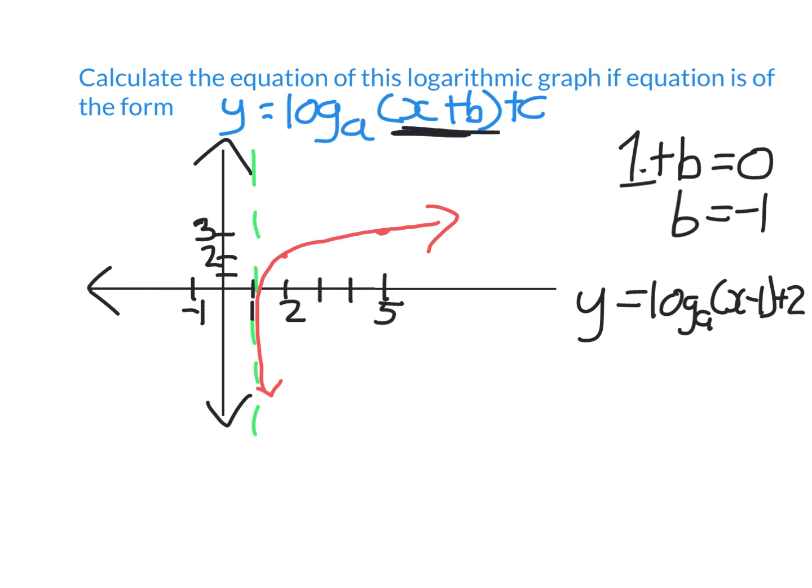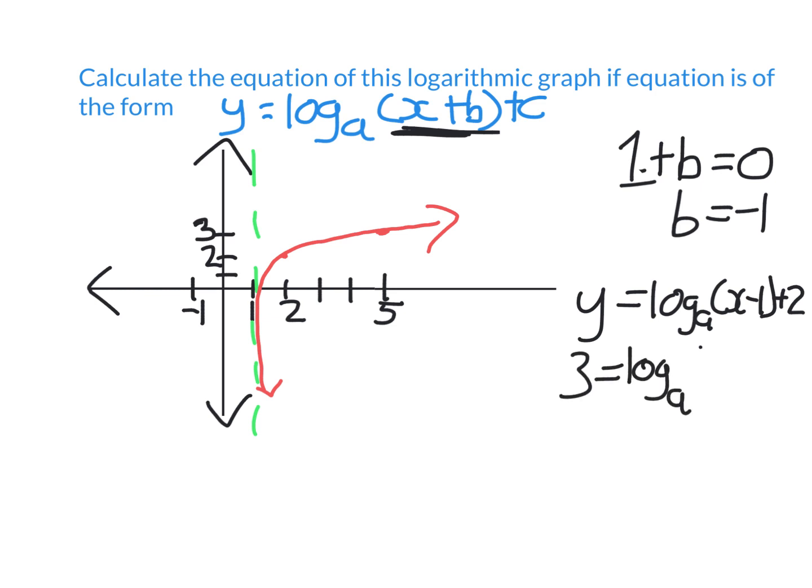Okay, this just leaves us a to find. The way we find a is the same way we found a many times in many different graphs. We're going to substitute a point for x and y to find a. We're not going to use the point we just used, because we've already got all the information out of it. We're going to use another point whose coordinates are clearly visible, and that's this point (5, 3). So I'm going to substitute y for 3 and x for 5.